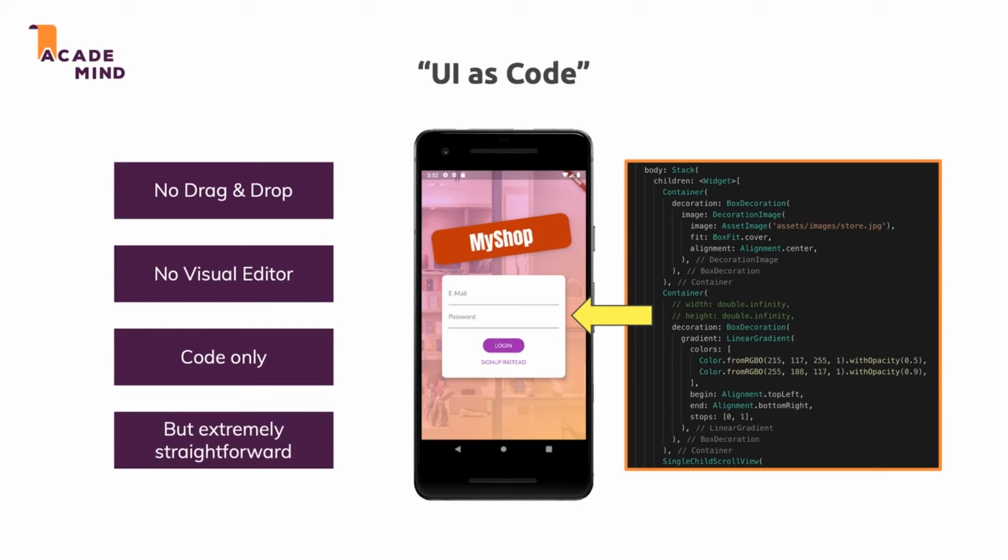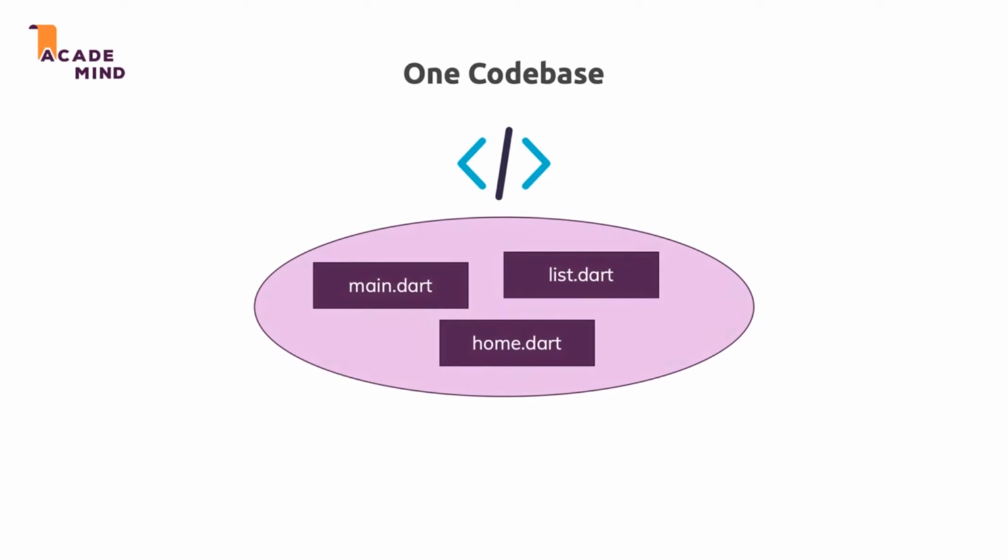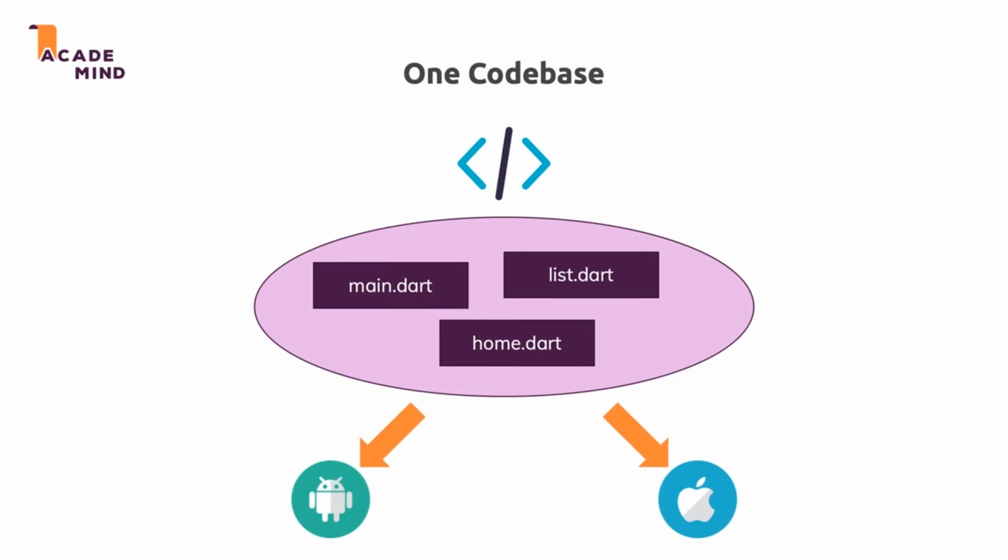So this is an extremely straightforward way of building your app, and I will introduce you to this approach carefully, step by step. We'll build our apps from scratch, and I will introduce you to the core widgets and how they work together step by step in this course. Now, this one code base concept is also important to understand. In the end, you will have a bunch of Dart files in your project, and these will make up your application, and you build an Android and an iOS app based on that one project.